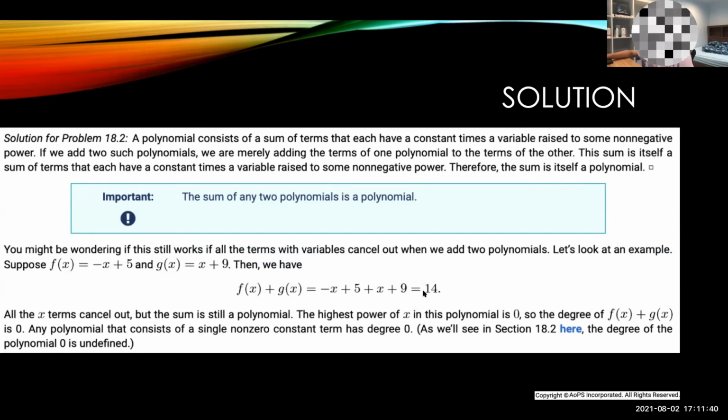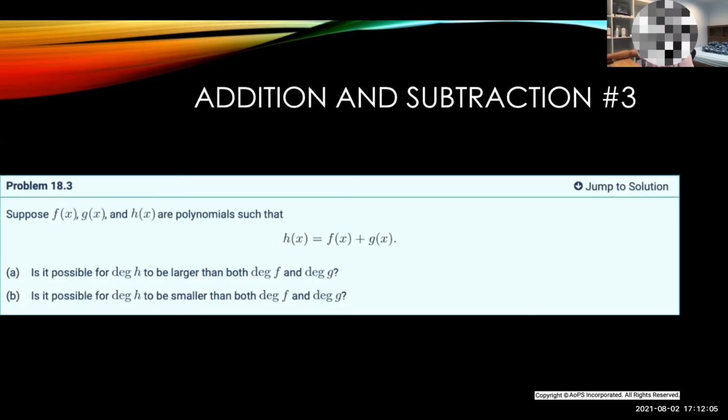The constant is 14 times x to the power of 0, and that is still a polynomial because it has degree 0. The definition just makes it so that this is the case. Okay. Next here.